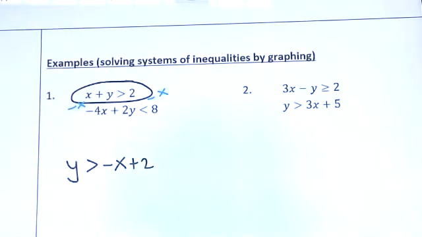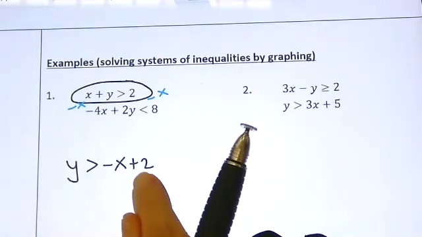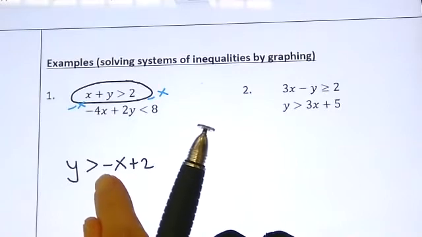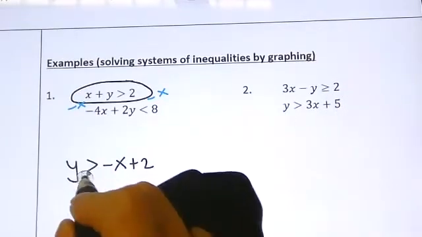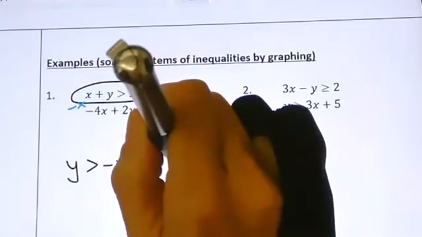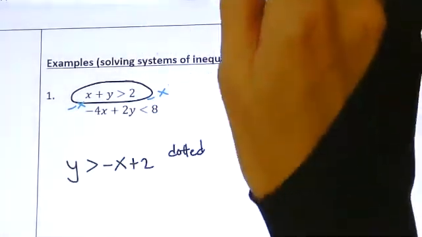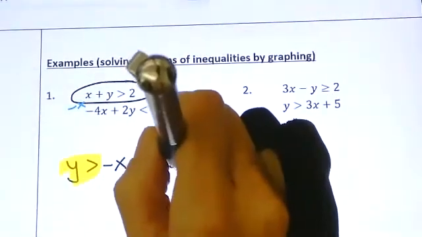Now I can graph it. Y-intercept is 2. Slope is negative 1. So you do have to remember slope and y-intercept graphing from chapter 2. There's no equal, so we're going to do dotted here. And this says y is greater than. That means I'm going to shade above.